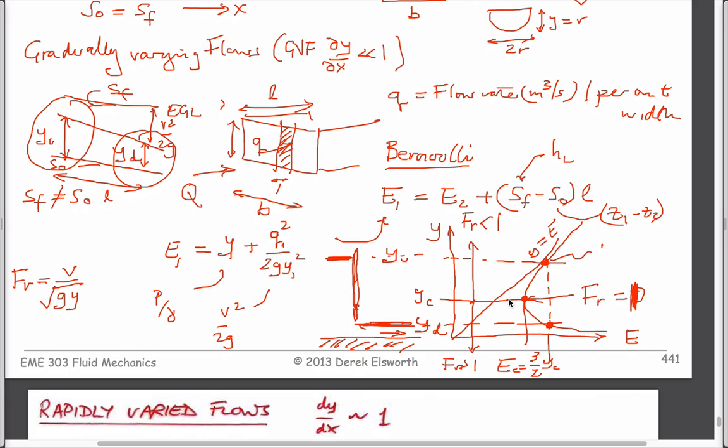And so this line here, okay, Alan, go ahead. The hydraulic grade line is not parallel to the slope of the bed. This one here? No, it's not. But what about the energy grade? No, probably not. It looks like it is here, but it doesn't have to be. It's just a quirk of how it's drawn.